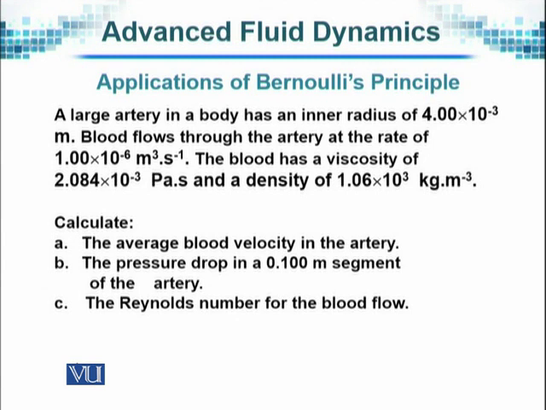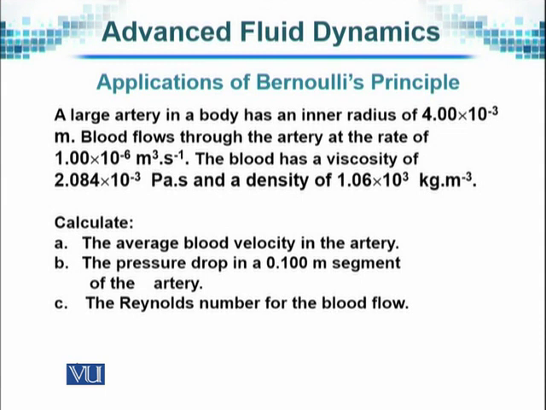The blood has a viscosity of 2.084 × 10^-3 Pascal second, which is the same as poise, and a density of 1.06 × 10^3 kilograms per cubic meter. From this information, we are asked to calculate the average blood velocity in the artery, because at times it's important to know how the blood is flowing.